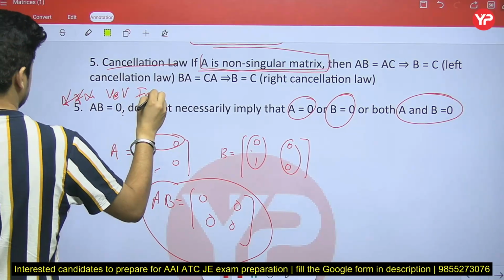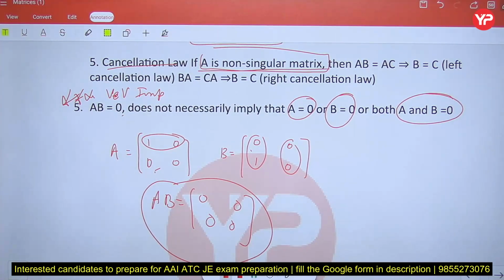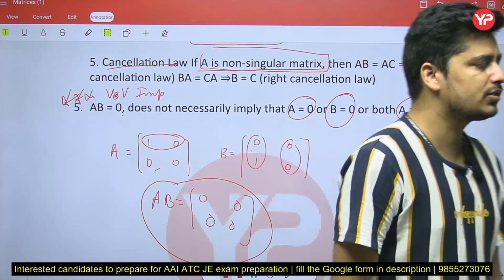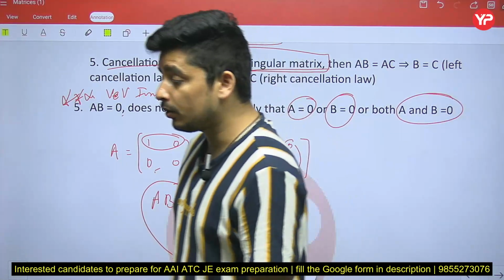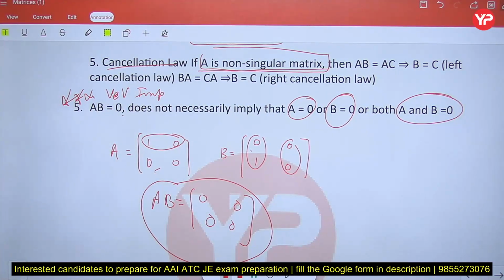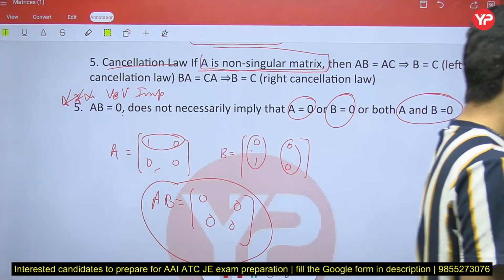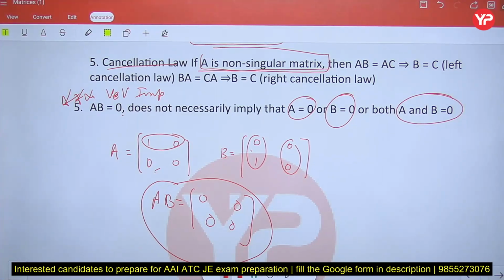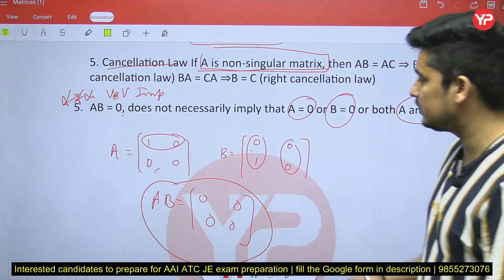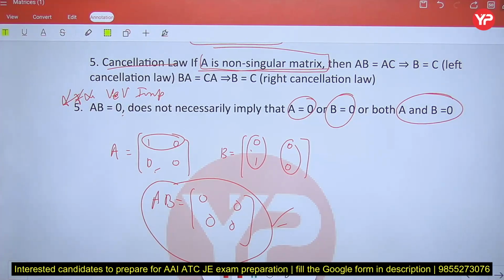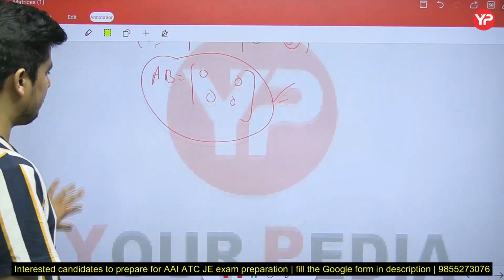Whenever it is given that A into B equals 0, it does not necessarily imply that A is 0 or B is 0 or both are 0. If A and B are both non-zero, their multiplication can result in the zero matrix also. So that is all about matrix multiplication.